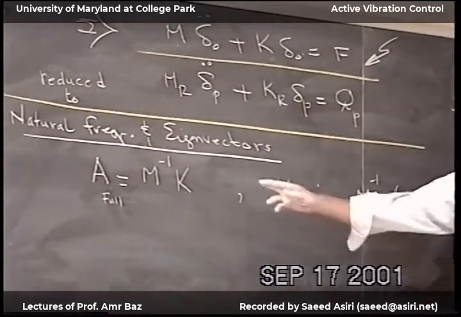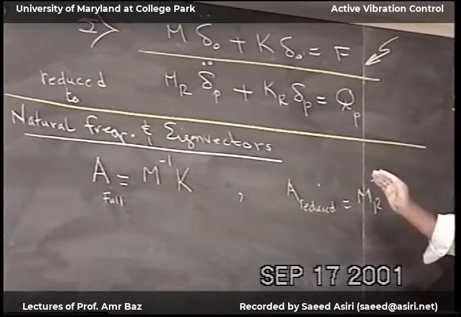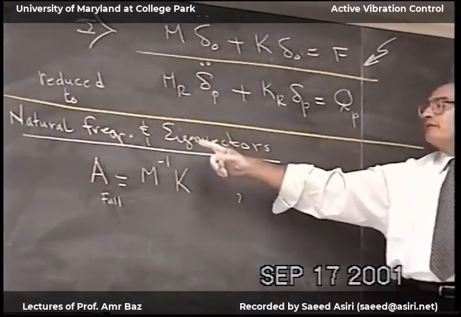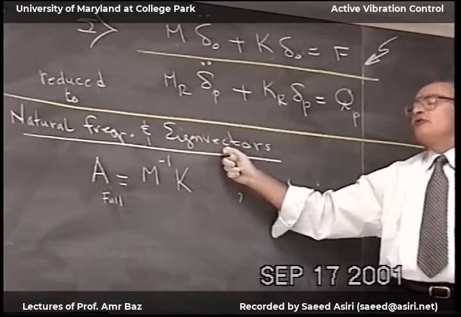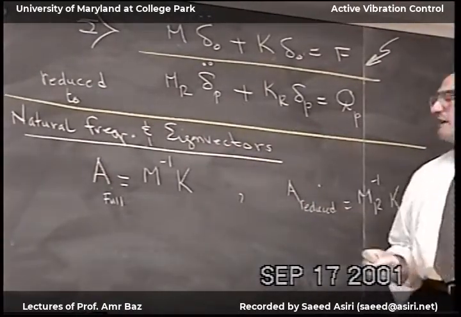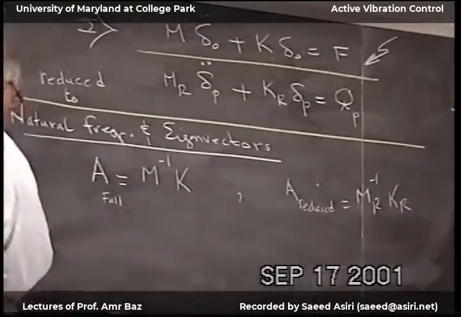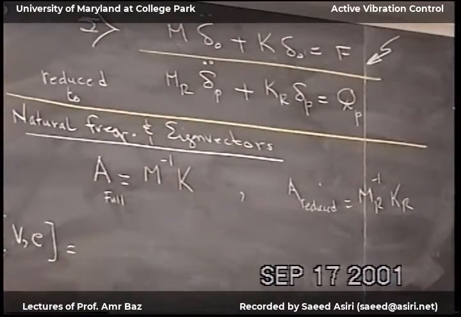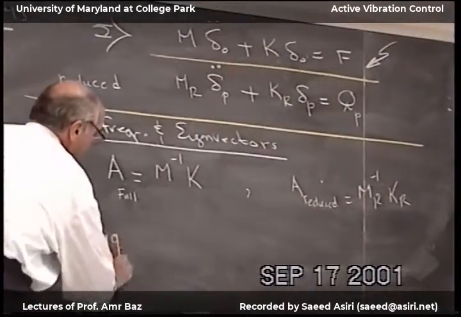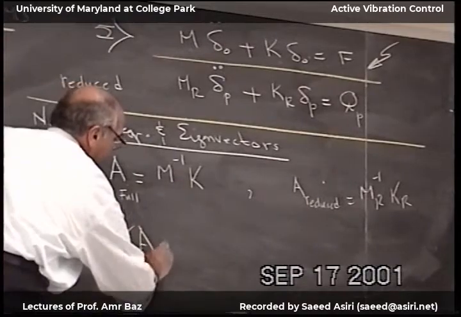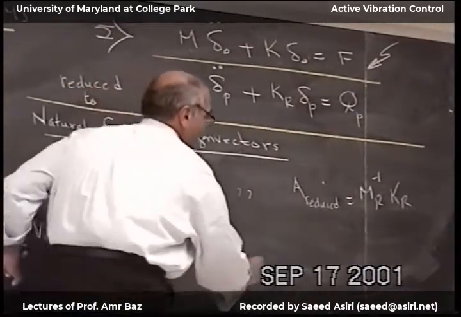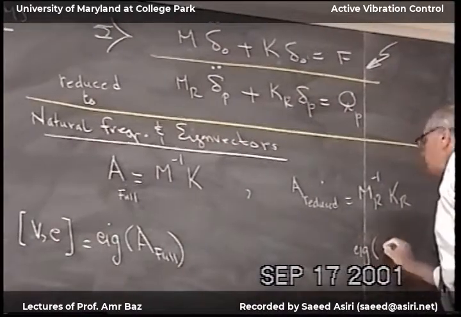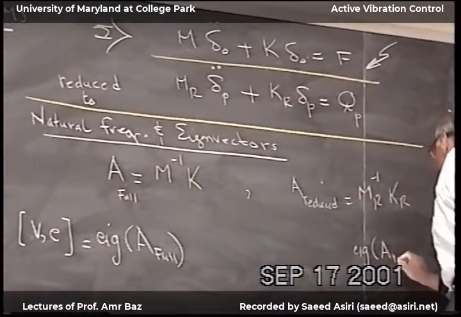Okay, now I can do any eigenvalue problem, so I can extract the natural frequencies, the eigenvalues and the corresponding eigenvectors, or I can use MATLAB, so I can get the eigenvalues and the vectors using this command, EIG of A full or EIG of A reduced.